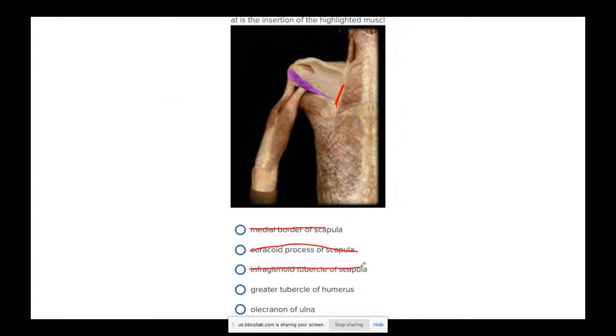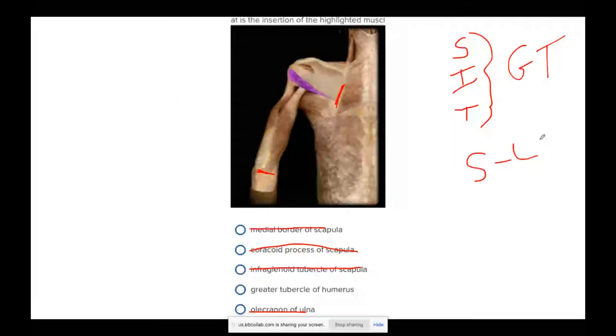Can't be that. Greater tubercle of the humerus. Maybe. Let's see. Olecranon process? No, that's down here. So remember the supraspinatus, the infraspinatus, and Teres Minor all insert on the greater tubercle. And the subscapularis, the last one, inserts on the lesser tubercle.